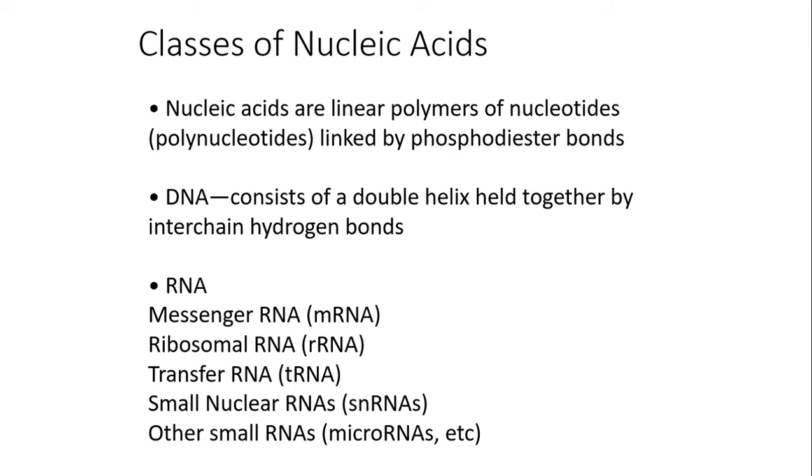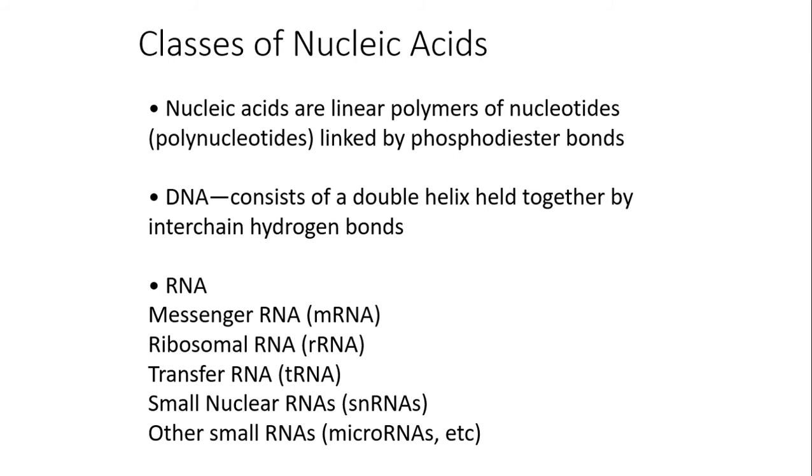Ribosomal RNA, rRNA, makes up parts of the ribosome, so they are components of the ribosome and the site of protein synthesis. tRNAs transfer the next amino acids in growing polypeptide chains to the ribosome.